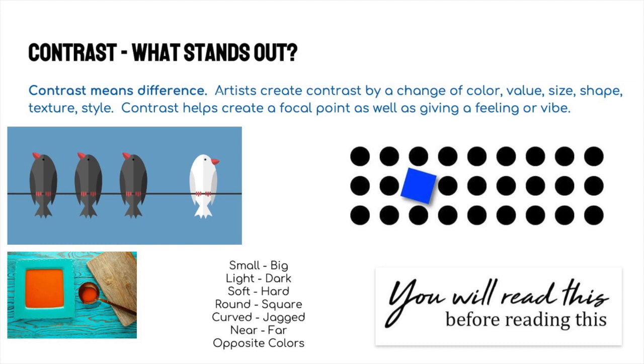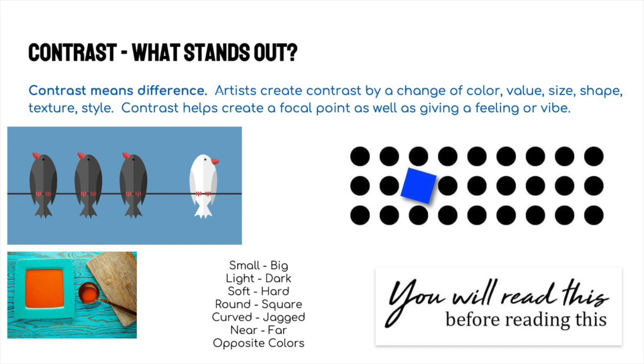So some of the ways the artist controlled where we look is through the use of contrast. Contrast is a way of making things stand out. Contrast means difference. Artists can create contrast by changing the color, the value, the shape and size, texture and style of an image. Contrast helps create a focal point as well as giving a feeling or a vibe in an image.